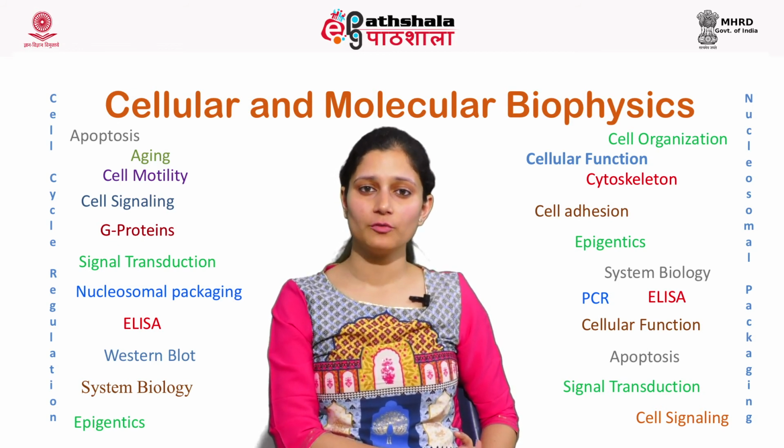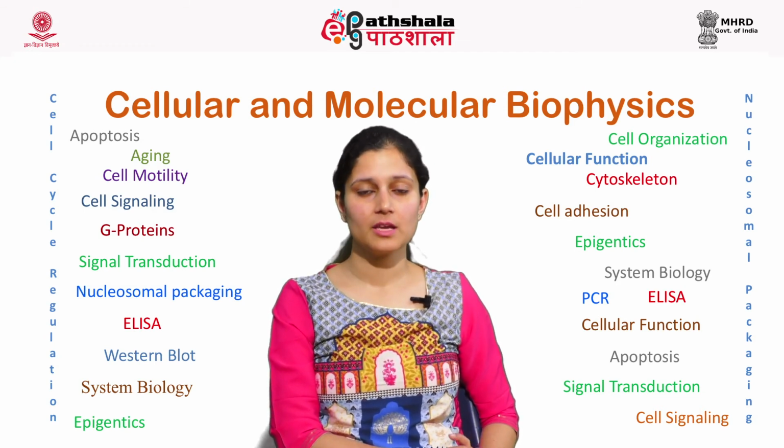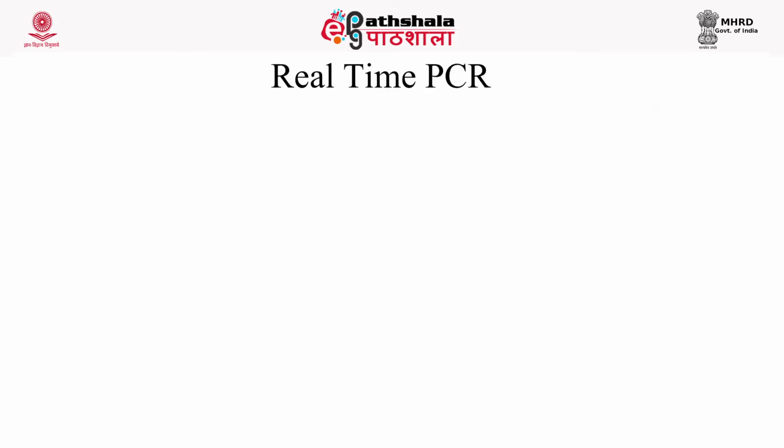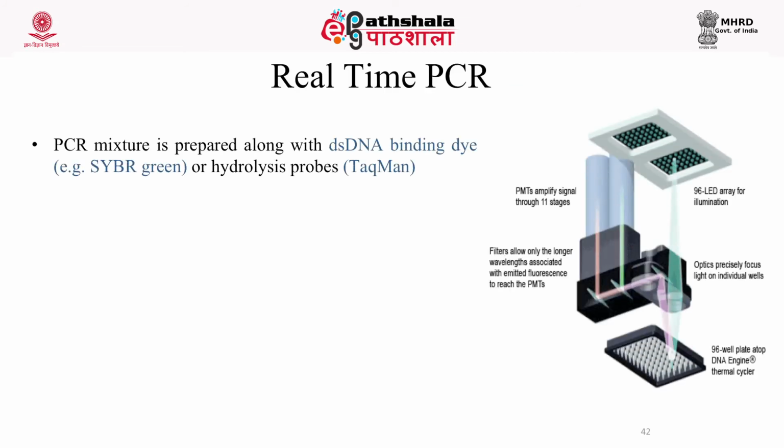The cleavage of these hydrolytic probes is done by Taq polymerase, which is already utilized in the PCR reaction. The PCR mixture is prepared along with the double-stranded DNA binding dye, that is SYBR Green, or the hydrolysis probes, that is TaqMan probe. After each cycle, the level of fluorescence is measured.